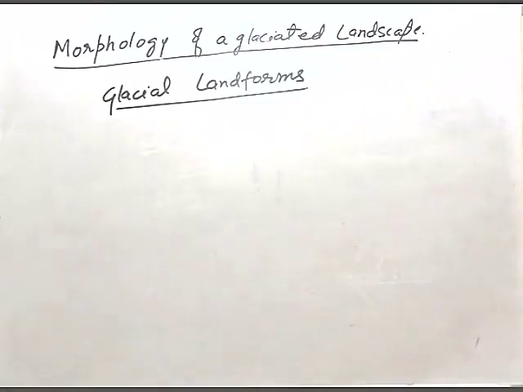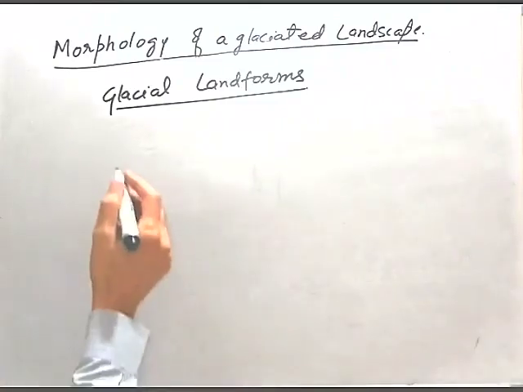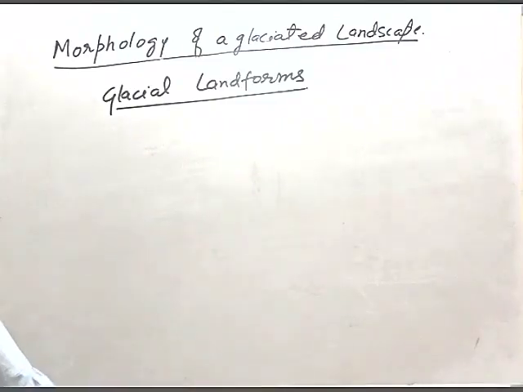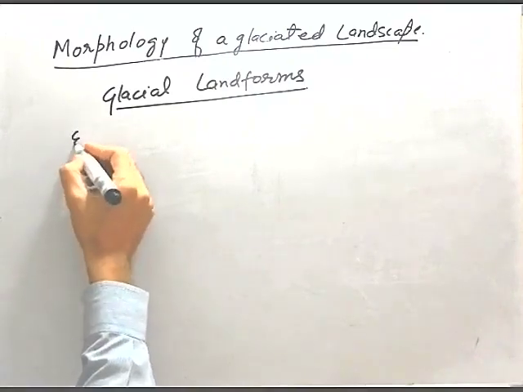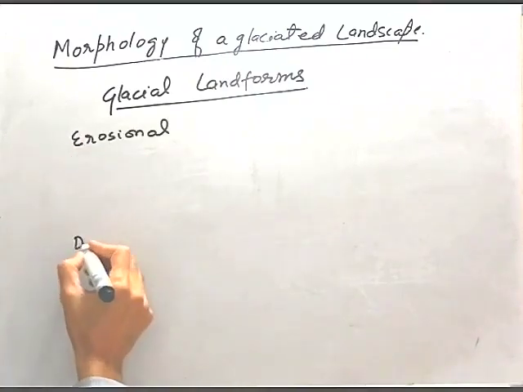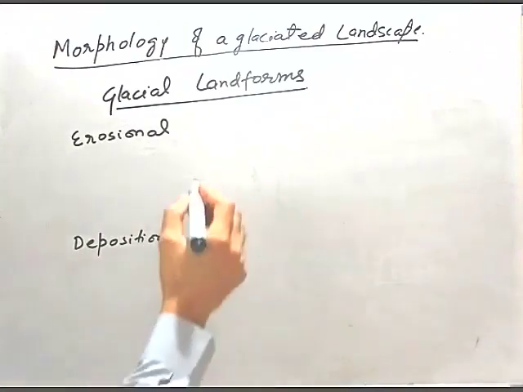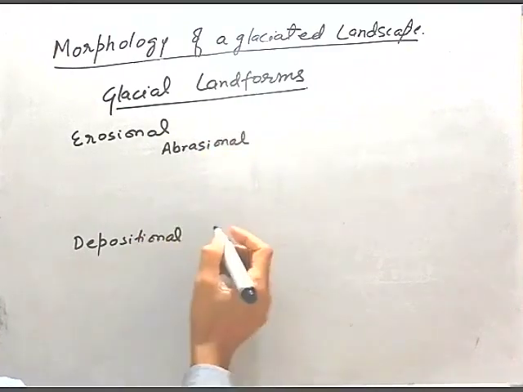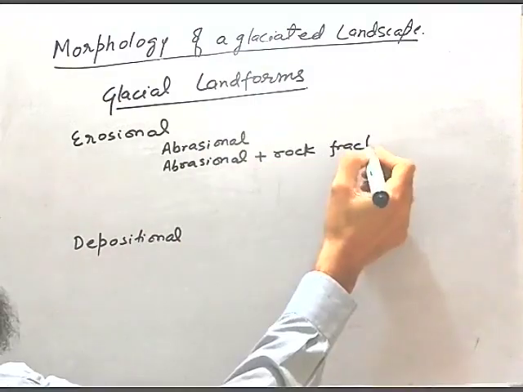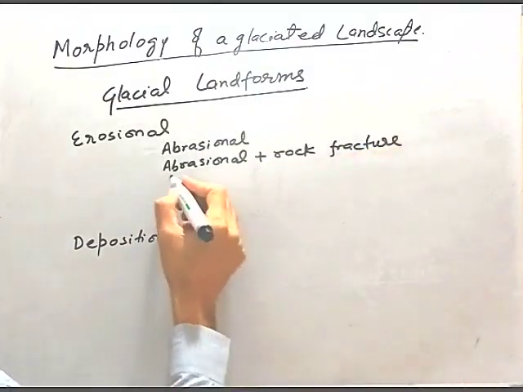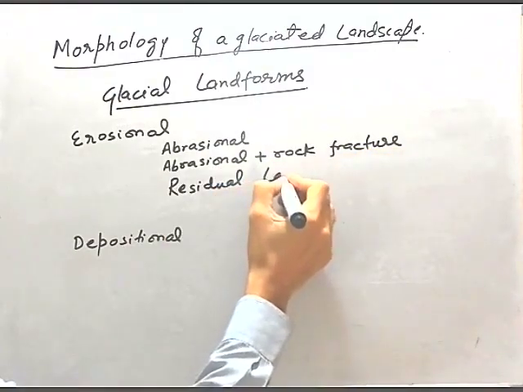Now coming to the glacial landforms. The glacial landforms can be divided into erosional and depositional landforms. Erosional landforms can be further classified as abrasional landforms, abrasional plus rock fracture landforms, and residual landforms.